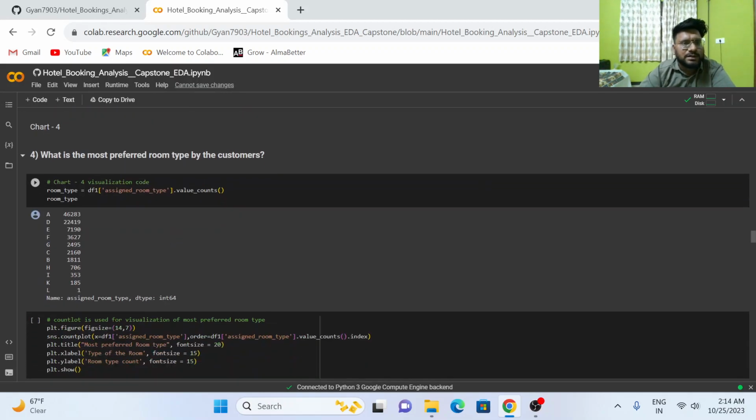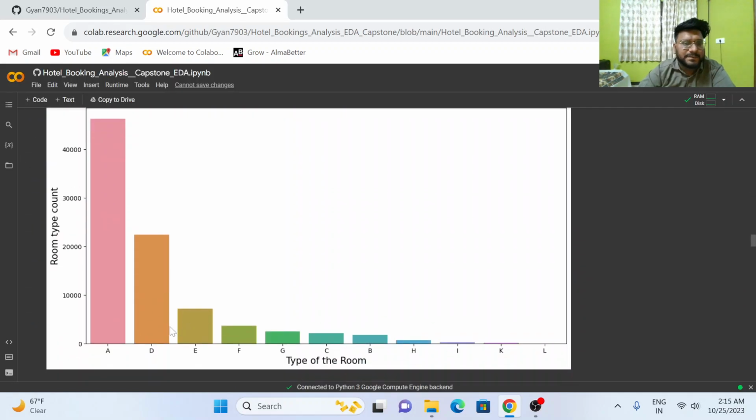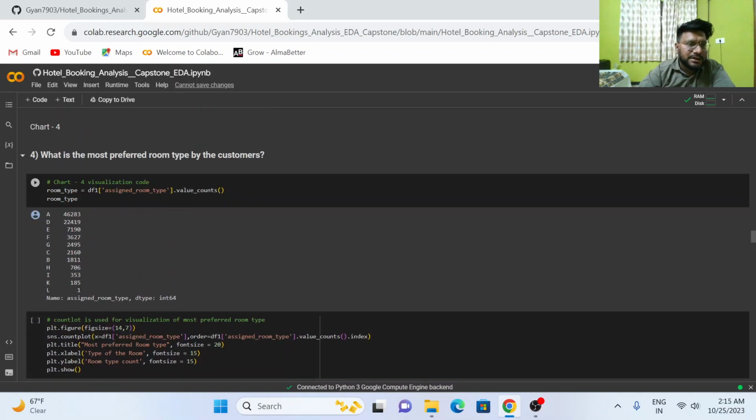Next question would be, what is the most preferred room type by the customers? We can see that there are several room types, like room types A, B, C, D, E, F, G, H, I, J, K, and L, and the most preferred room type is A, which has the highest booking at 46,283.